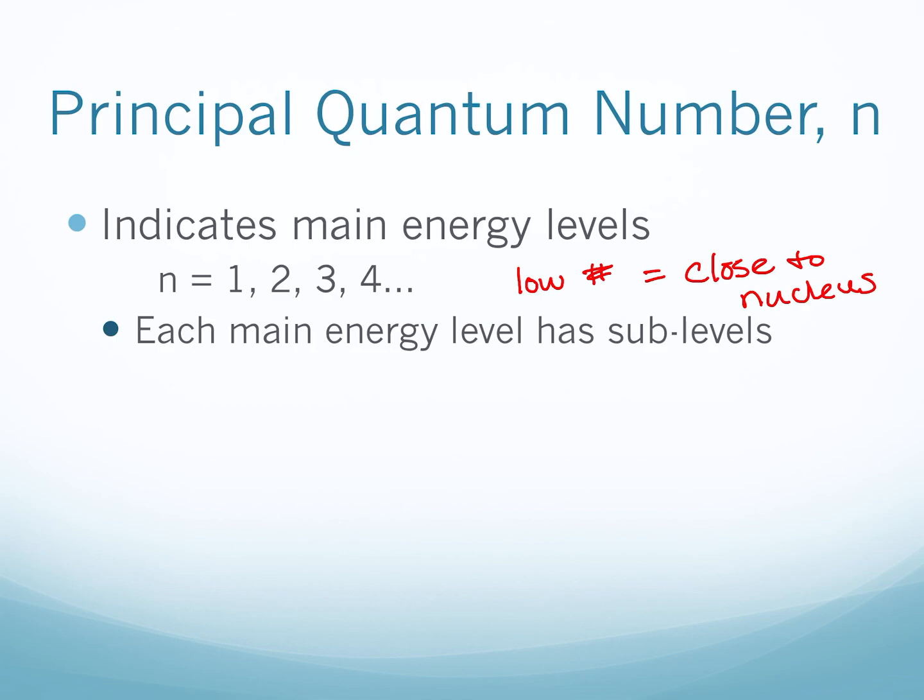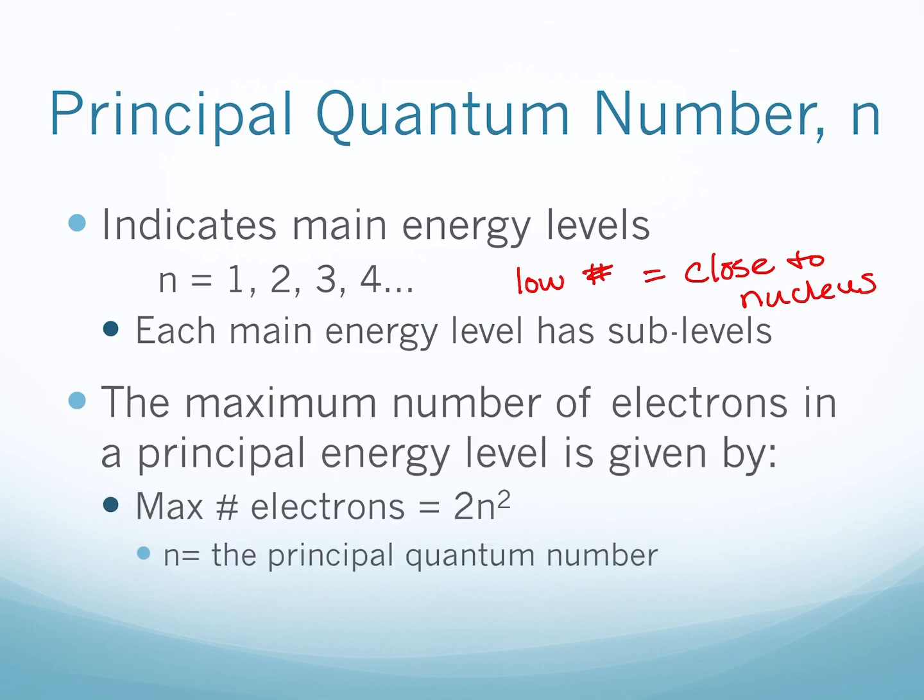And so the maximum number of electrons that can go in each of these energy levels is given by this equation, 2n squared. So if we're thinking about the first energy level, the number of electrons in there would be 2 times 1 squared, which gets us 2.